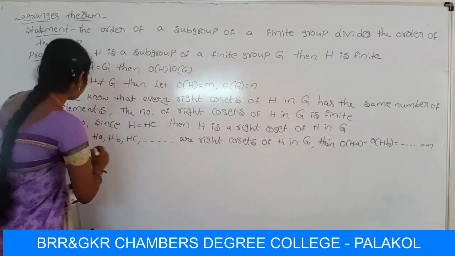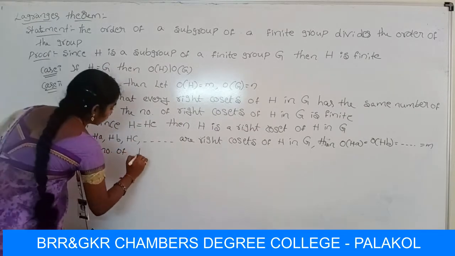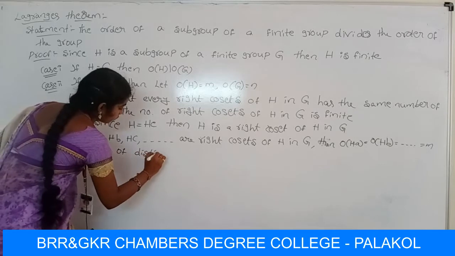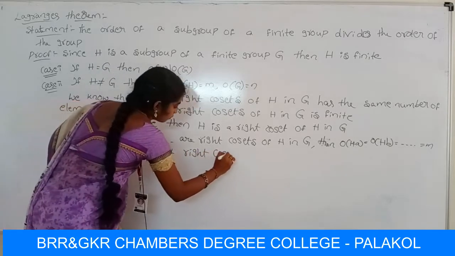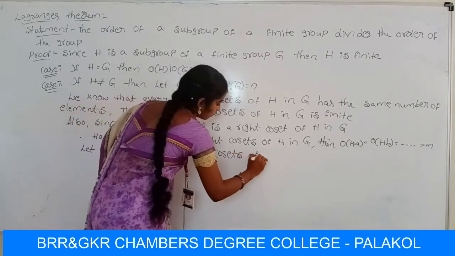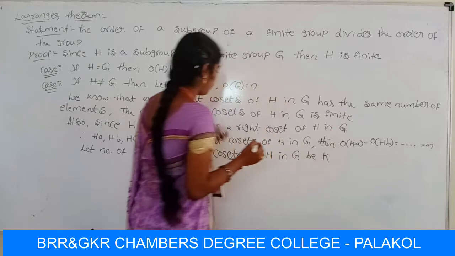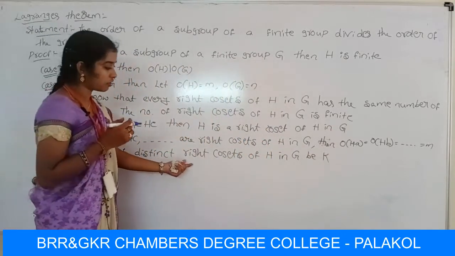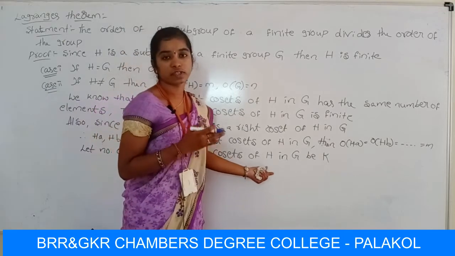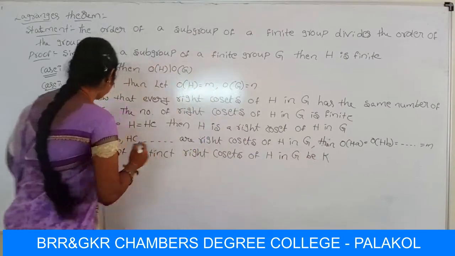Next, let the number of distinct right cosets of H in Z be K. That means HA, HB and so on, K terms.